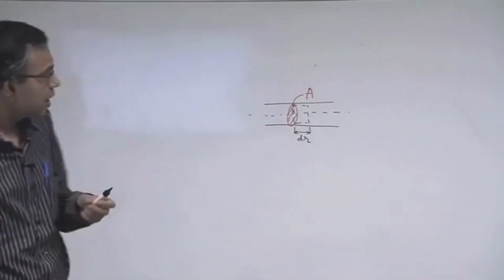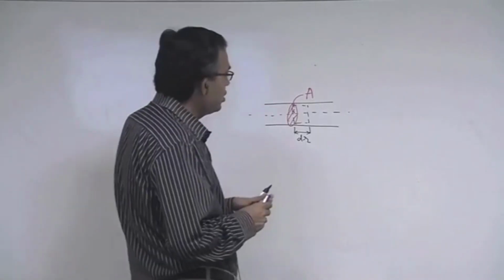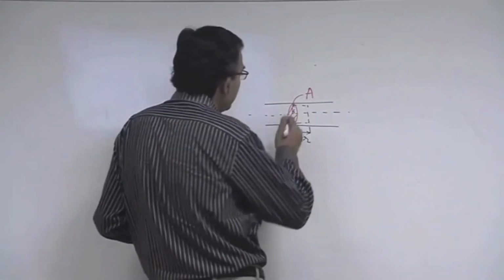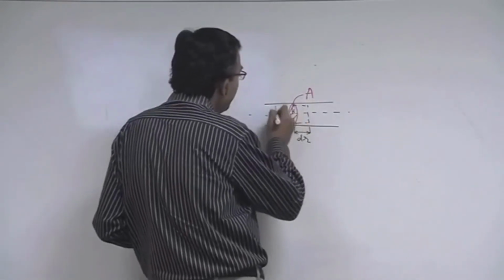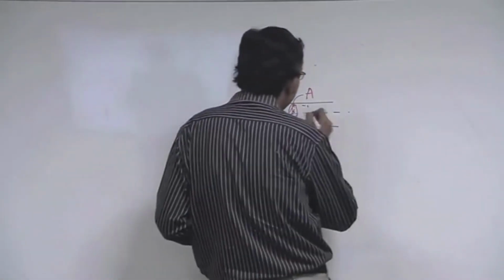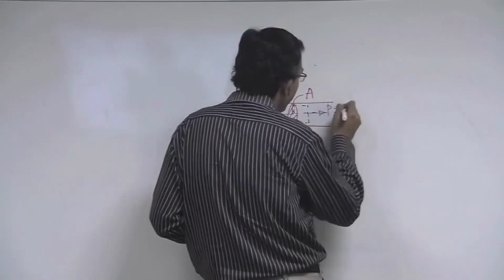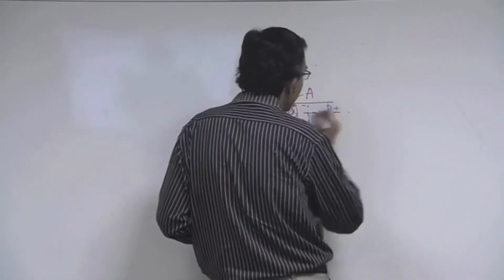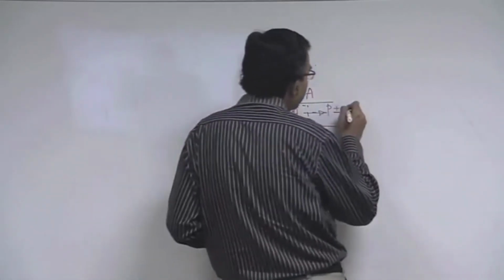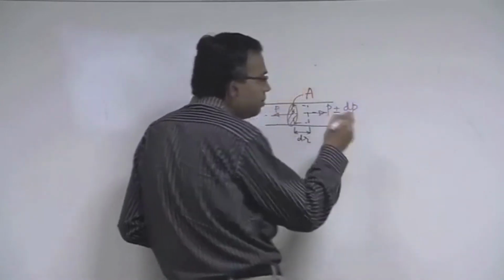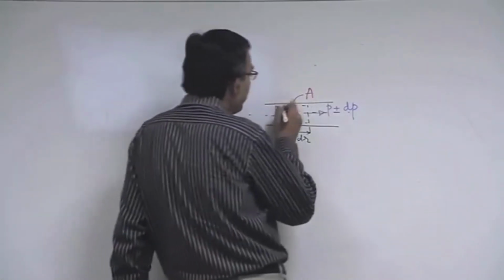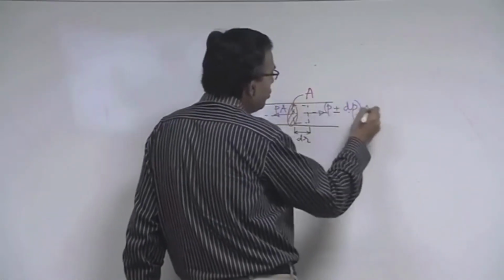So in this kind of a situation, let the pressure here be P and the pressure here be P plus dP, P is a function of r only, say. So P plus dP, basically P plus dP/dr into dr, okay. So the force is P into A, here P plus dP into A.